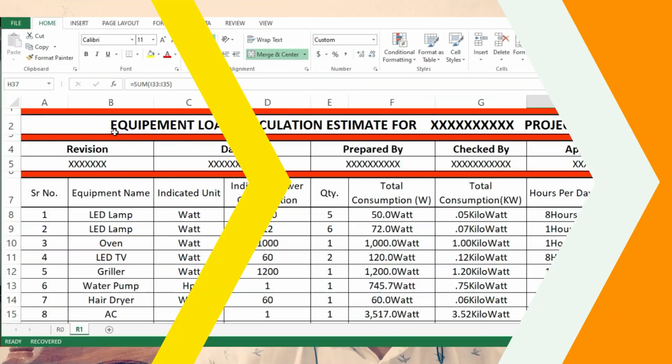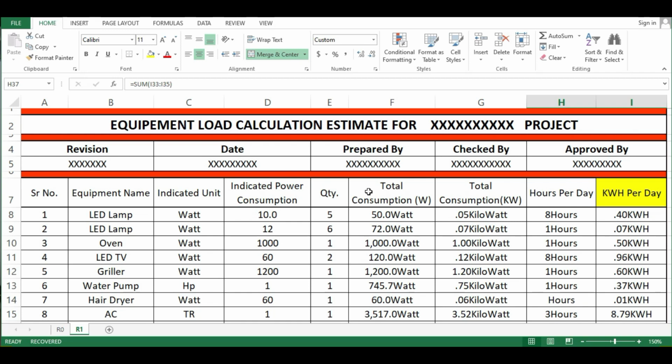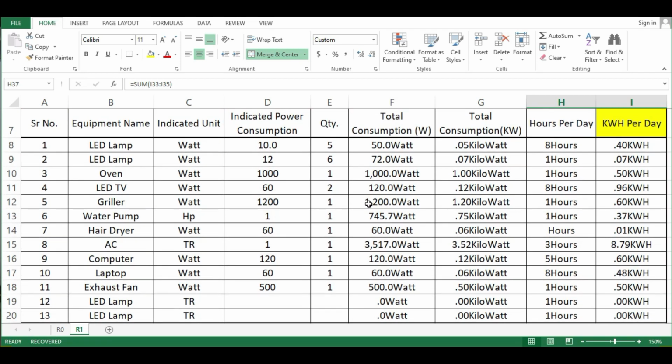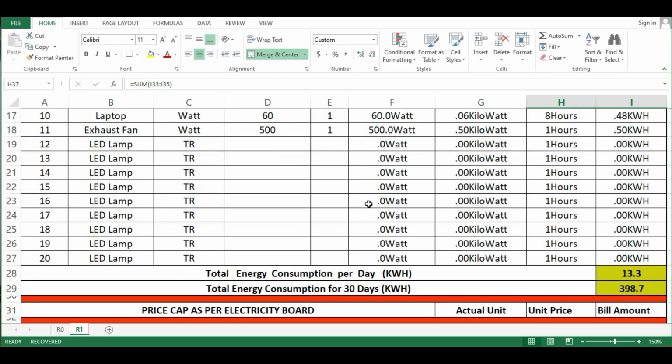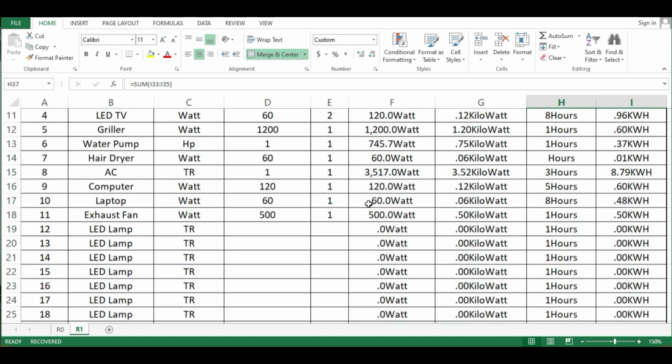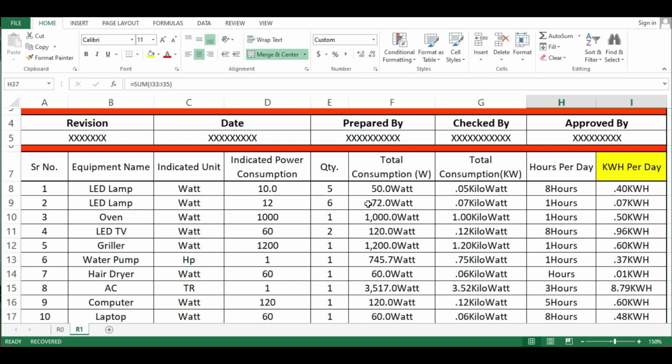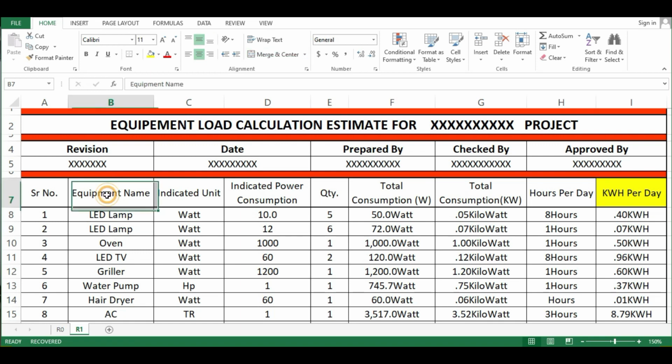Let's start the video. So this is the Excel sheet through which we will demonstrate how to calculate the electricity power consumption for a home or for any premises. We are considering the example of calculating it for our home. As you see over here, this is the equipment name, this is the indicated unit, that is the power consumption unit.